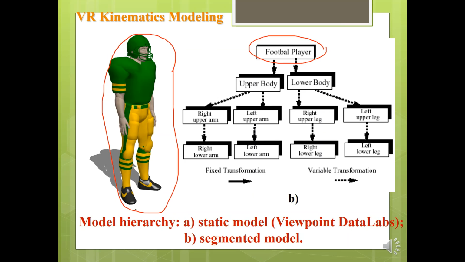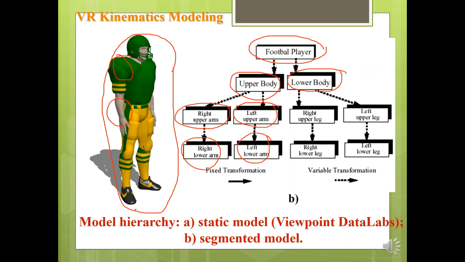This football player can be divided into upper body and lower body. The upper body consists of the right upper arm and the left upper arm. Under the right upper arm we have the right lower arm, and under the left upper arm we have the left lower arm.